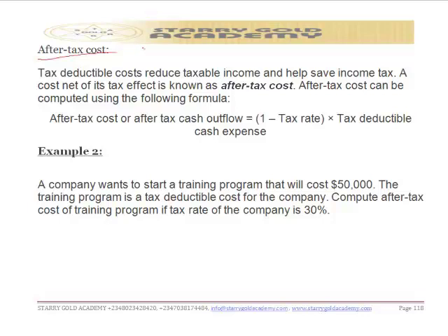When it is cost, we have to also consider tax on it, because tax deductible cost reduces taxable income and helps in saving income tax. A cost net of its tax effect is known as what? After tax cost. So after tax cost can be computed using the same formula like the one we used earlier, which is 1 minus tax rate multiplied by taxable cash expenses.